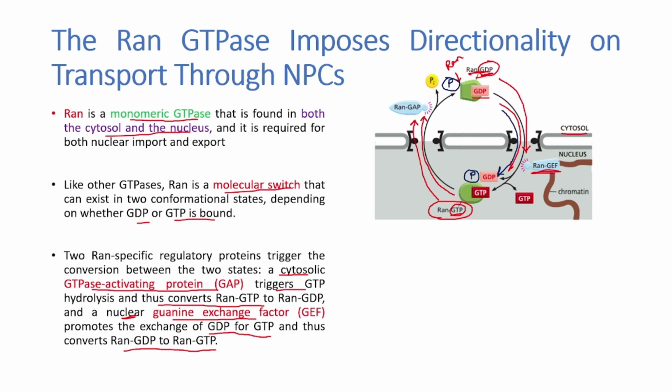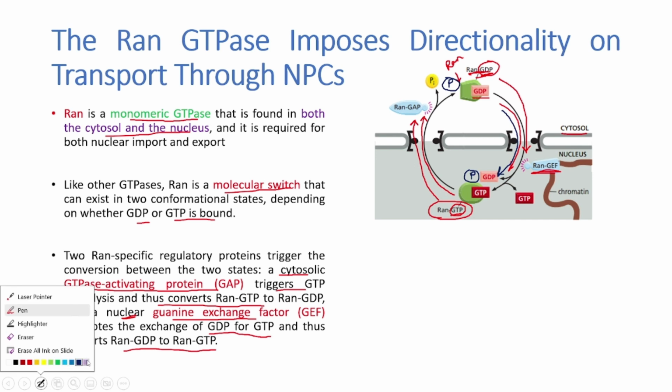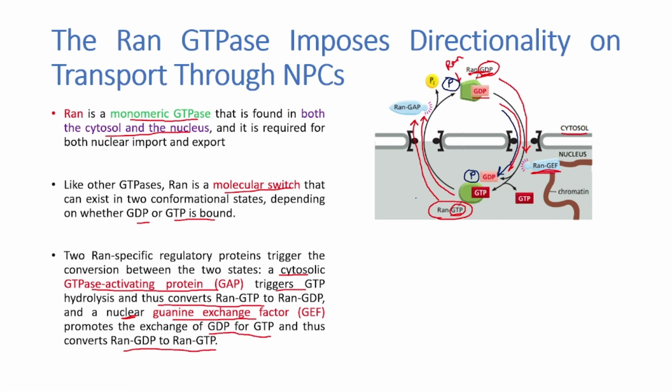Okay, this is the nuclear import mechanism. If we have another protein which needs to be exported, for example, what will happen? It is within the nucleus, and this protein P1 needs to be exported out of the nucleus. It will bind to Ran GTP, and in this way it will be ejected out.